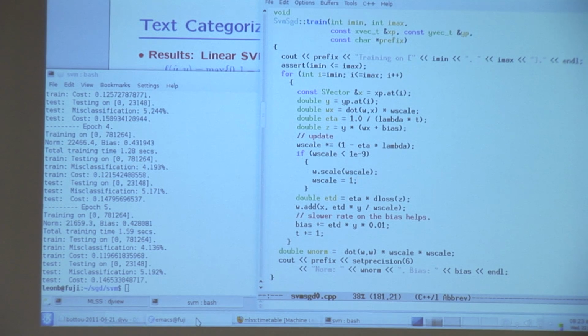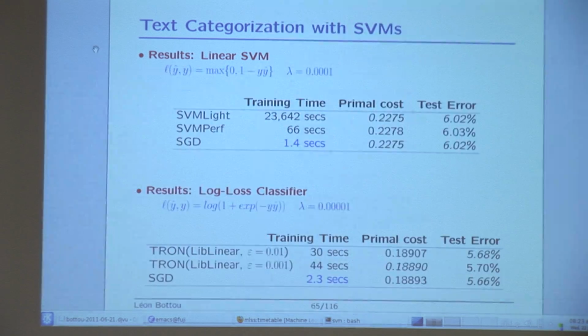So let me write the formula, and you'll see.